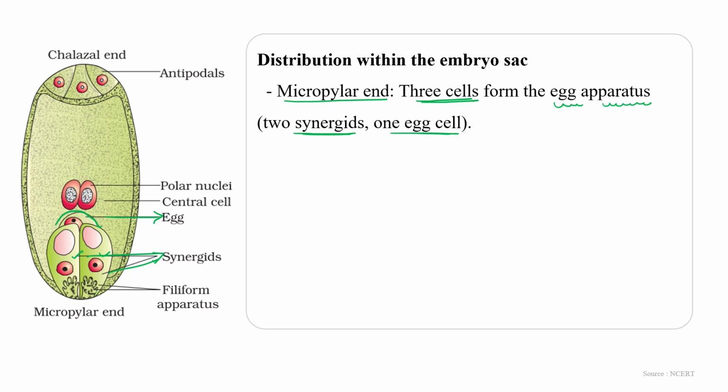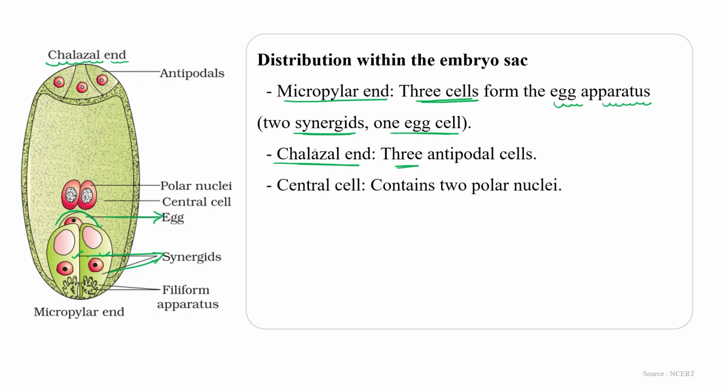It contains a 3 celled stage, 1 egg and 2 synergids. Clear? The other end is known as the chalazal end. This chalazal end contains 3 antipodal cells, 1, 2 and 3.